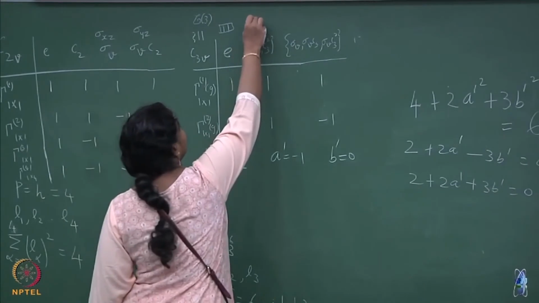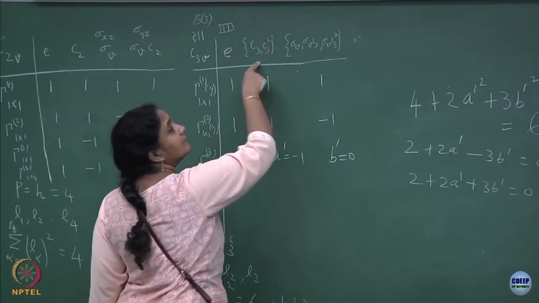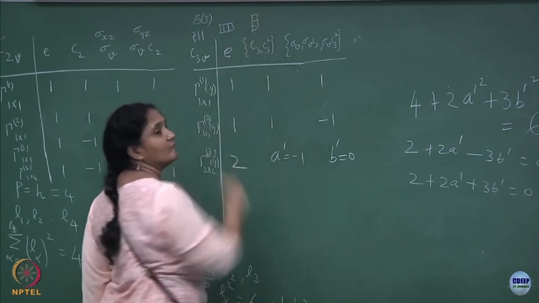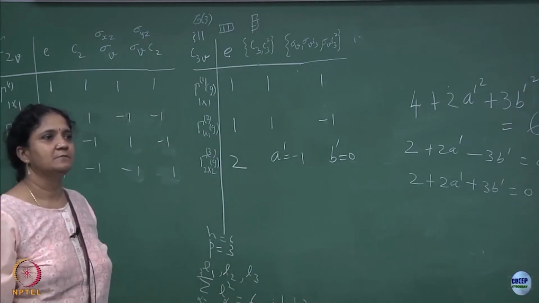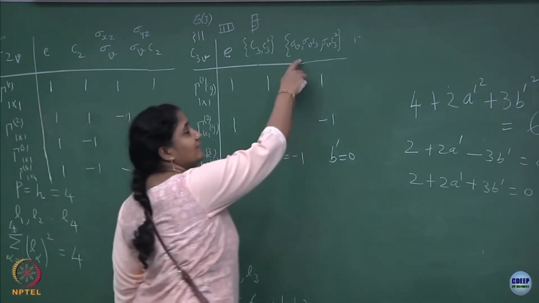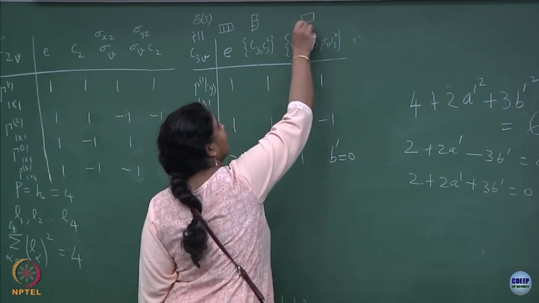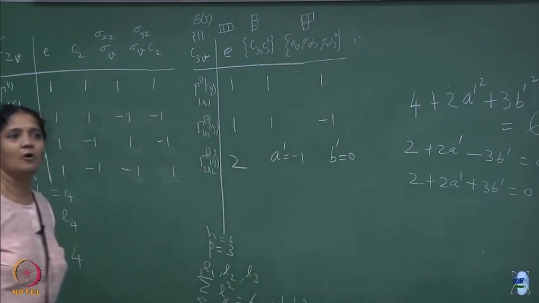This class has, somebody, 1 3-cycle, am I right? And this one is 1 1-cycle and 1 2-cycle. You are all with me?